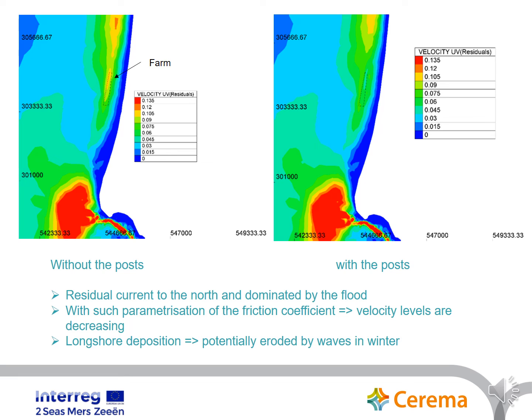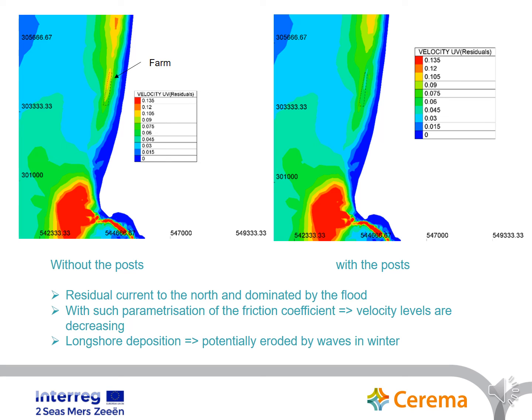What we can see is that when we include the posts inside the numerical model, we have a reduction of the residual current in the area where the farm is located, inside the dotted line. So it means that the presence of the posts will induce a reduction of the sediment transport in the along-shore direction. It may result in sedimentation.